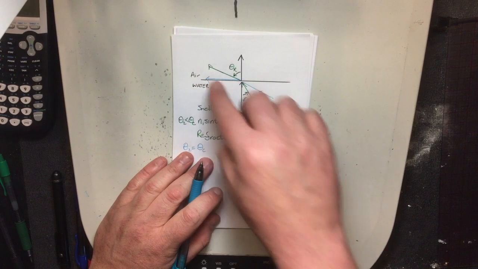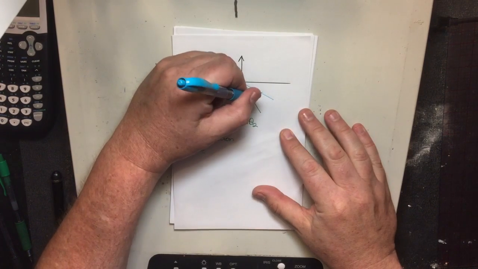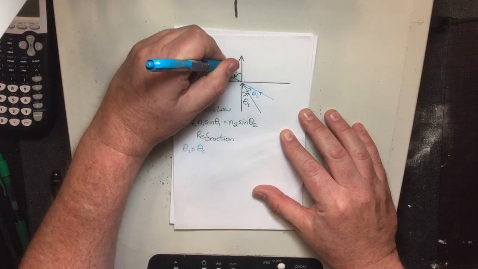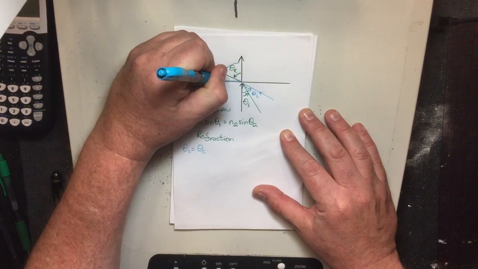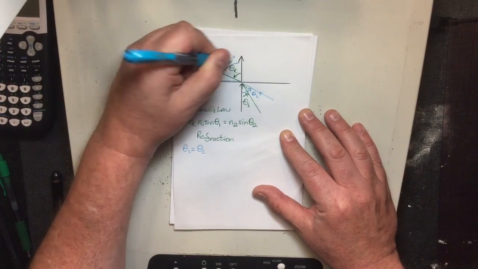What happens is that as the light hits the surface, it travels parallel with the surface. So if that is the angle of incidence, then the angle of refraction is equal to 90 degrees.